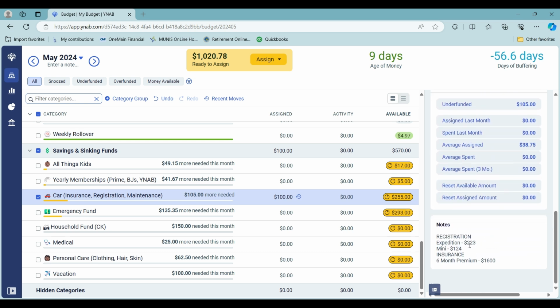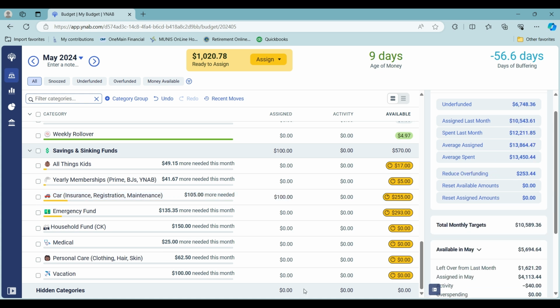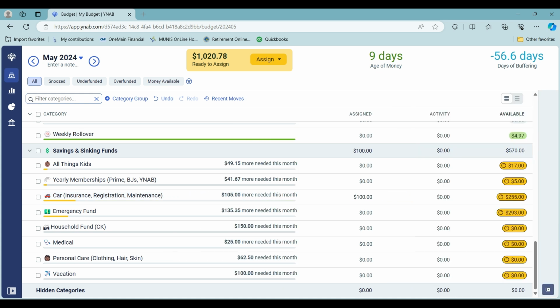So yes, the Expedition is $223, and I'm looking over here in the notes section. I did put it in there just so I know. So the Expedition insurance is $223 per month, so $255 should be good. And the Mini is due in June for $124. So we can figure out how to do the other one when it comes up later on in the month.